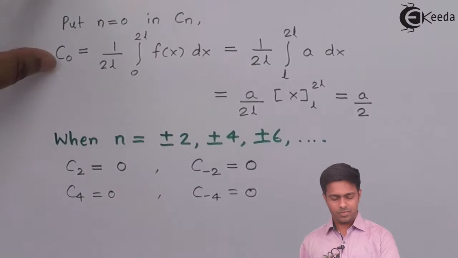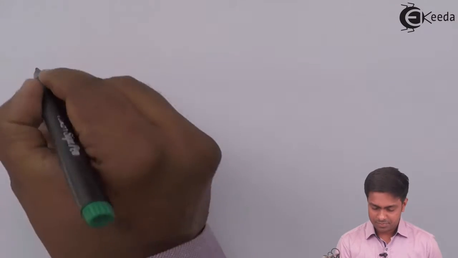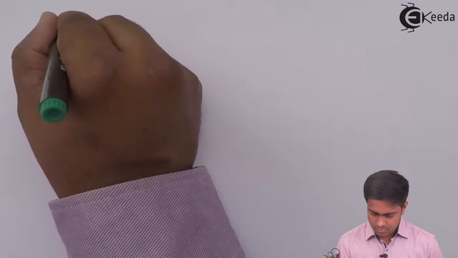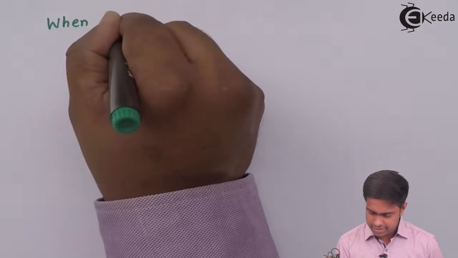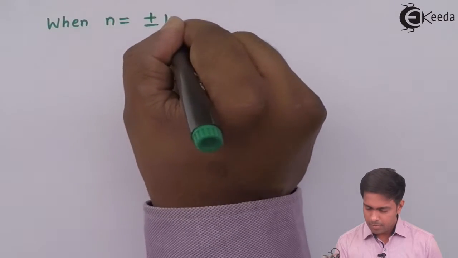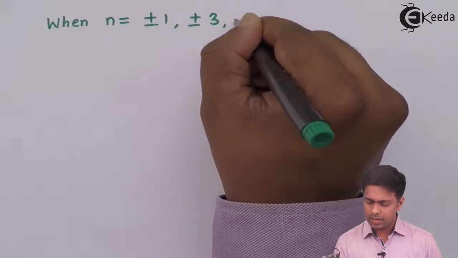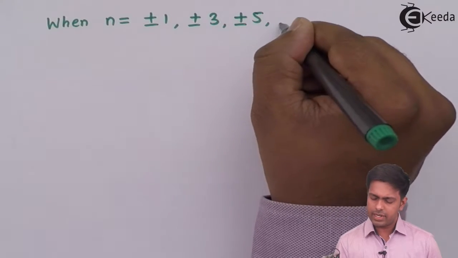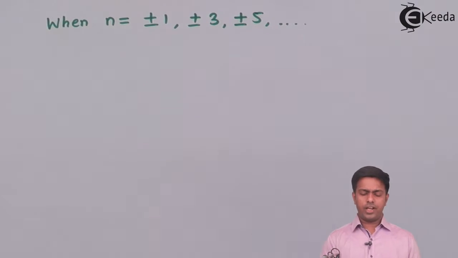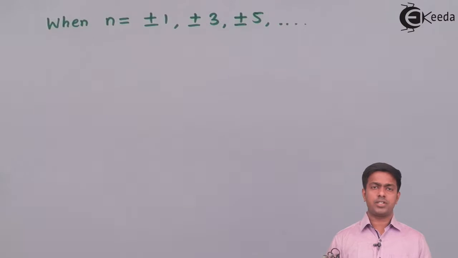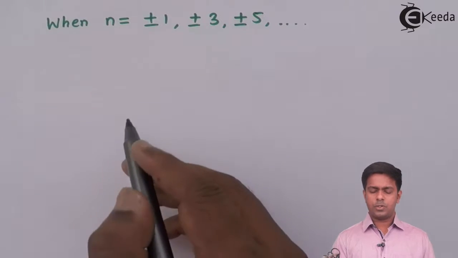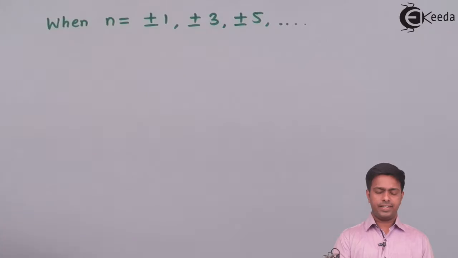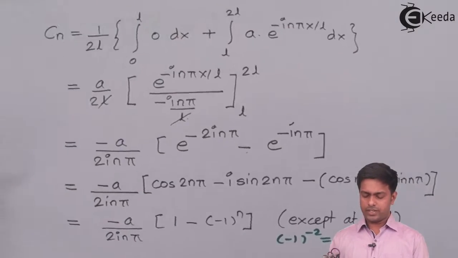So when n is plus or minus 1, 3, 5 and so on. So guys, I'm taking all odd values and we are going to start with the first value, that is positive 1. So when n is positive 1, let's see what we get. So guys, this is the value of Cn.